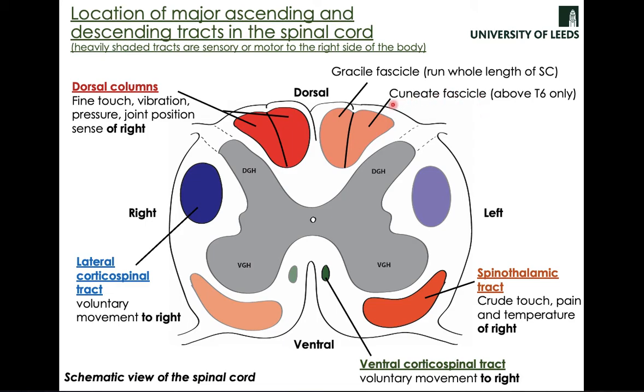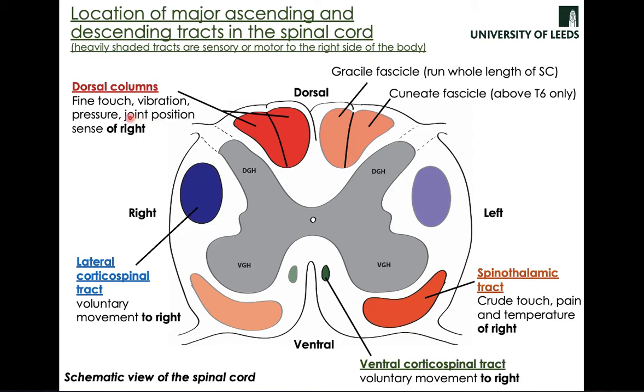So at the level of the dorsal columns, we find the gracile fascicles running the whole length of the cord. And if we are above T6, we find the cuneate fascicles. These fascicles are going to be responsible for carrying ascending sensory information such as fine touch, vibration, pressure, and joint position sense from the body.